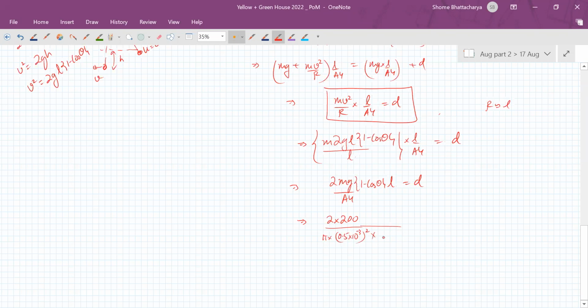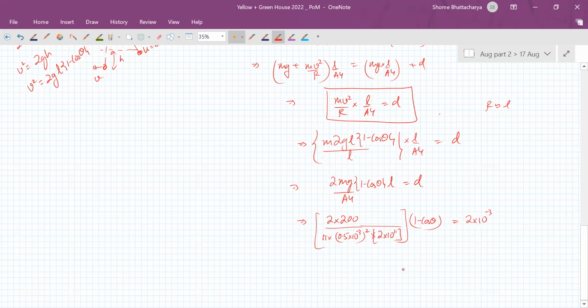Okay. Into Young's modulus, which is given to us as 2 into 10 raised power 11. So that's this term. This whole term into 1 minus cos theta should be equal to small d, that is the gap between the floor and the sphere in the equilibrium position, which is given to us as 2 millimeters. So this equation now we have to solve for theta.